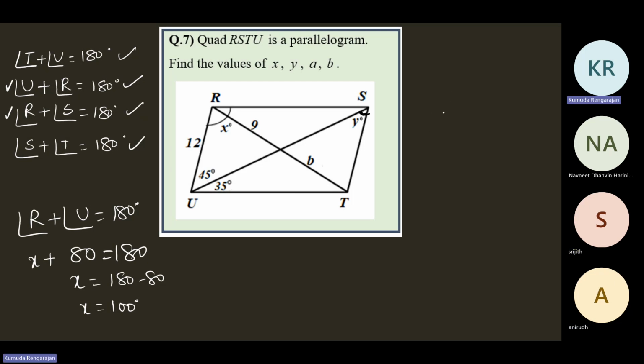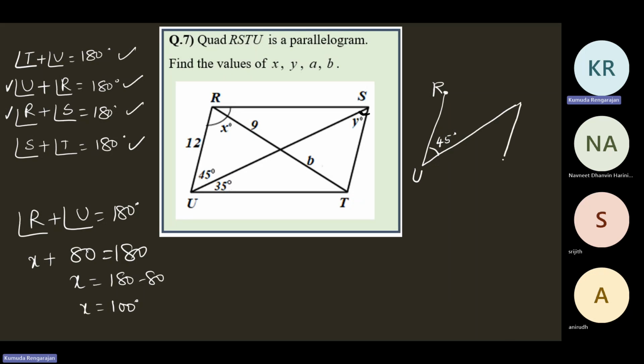See here, where is 45 degrees? Which are the arms of that angle? 45 is here. What is the letter here? R. And here? U. Now where is Y?